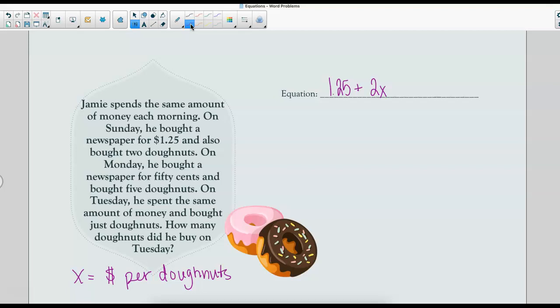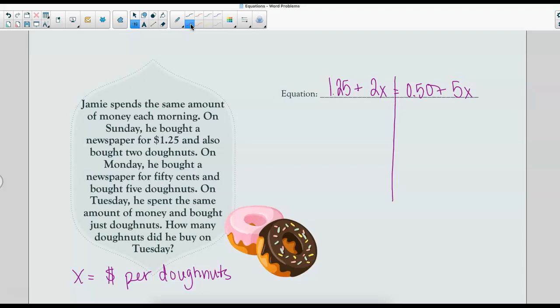Okay? On Monday, he spent the same exact amount of money. But what did he spend it on? How many donuts? 5 and a 50-cent newspaper. So 50 cents for the newspaper plus 5 donuts, 5 donuts times the amount of money. Okay, let's solve this.